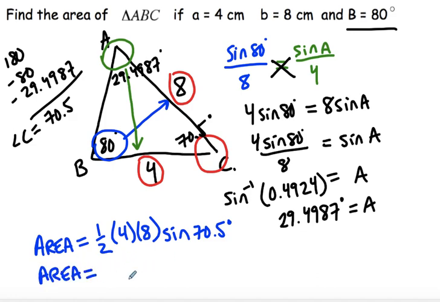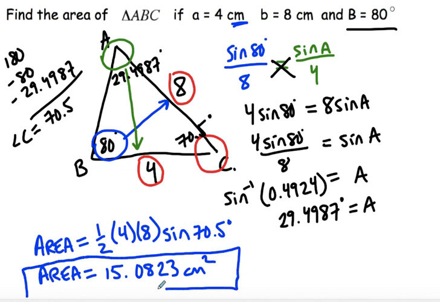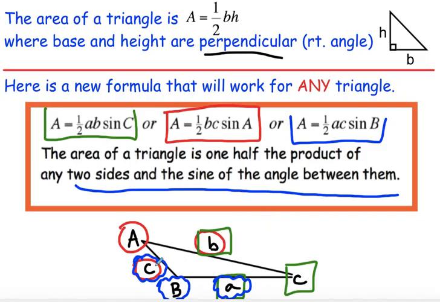When you type all that in, you should get 15.0823. And remember your units. Our sides were centimeters, so our area would be centimeters squared. So again, we use this area formula when we don't have a right triangle and we don't have a base and a height that are perpendicular.